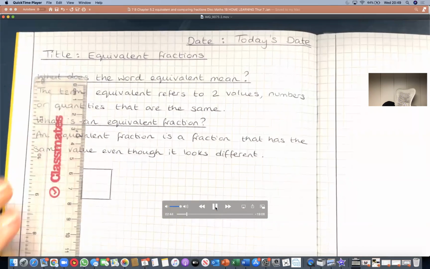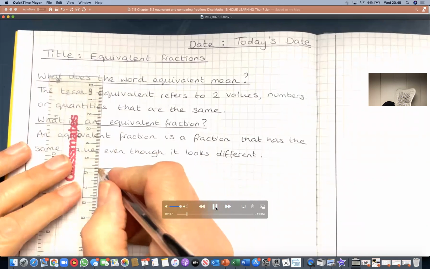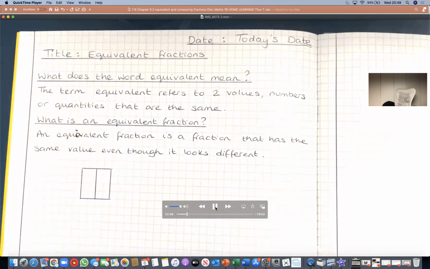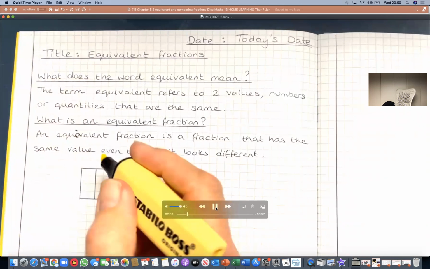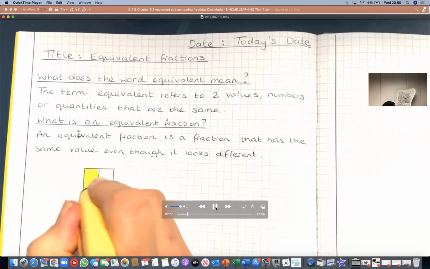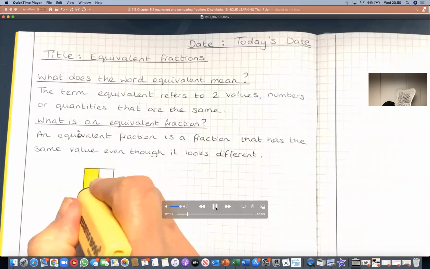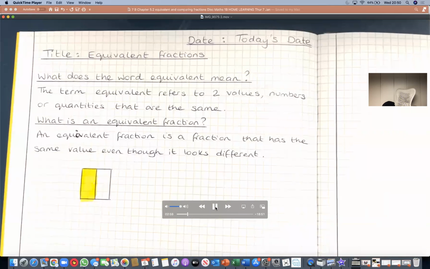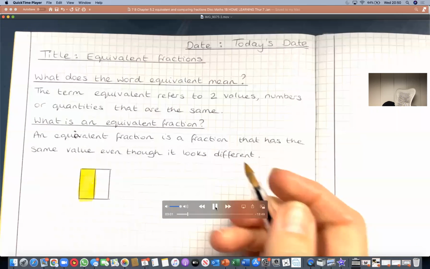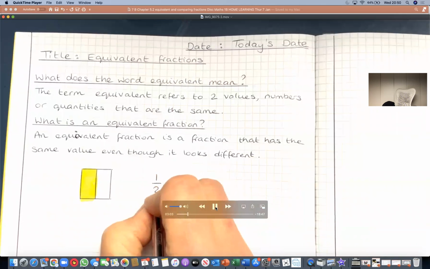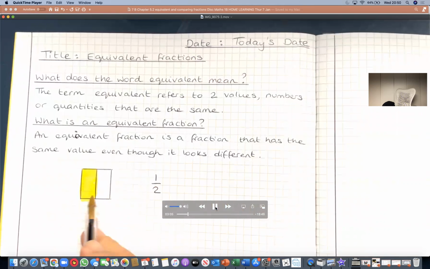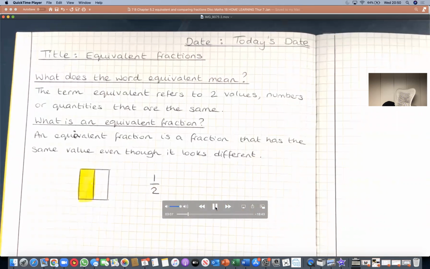If I cut it into halves, and let's just shade 1/2 of it, find a highlighter pen. So I have shaded half of my shape, okay? One part shaded out of 2 equal parts.